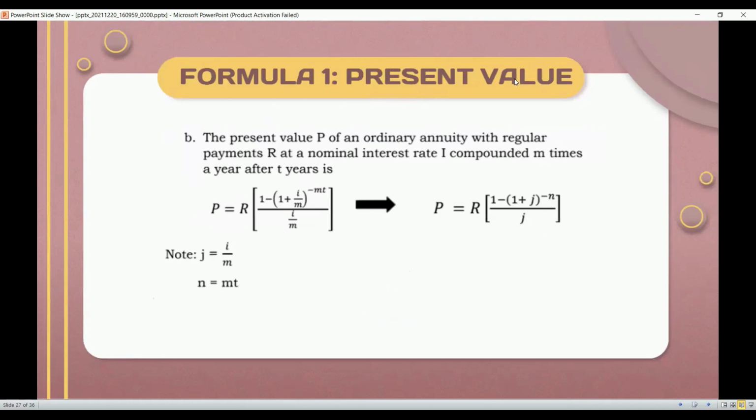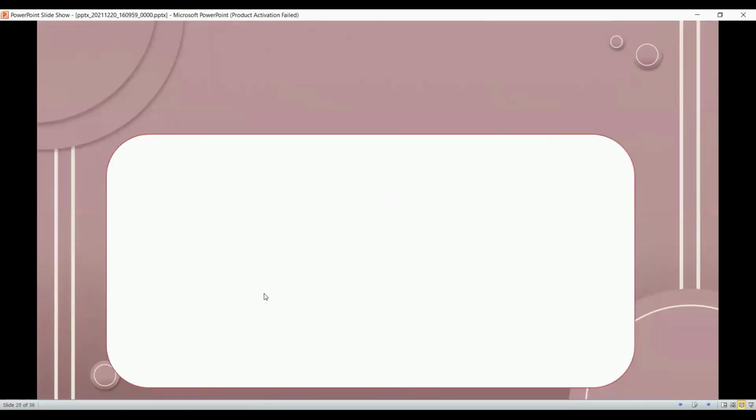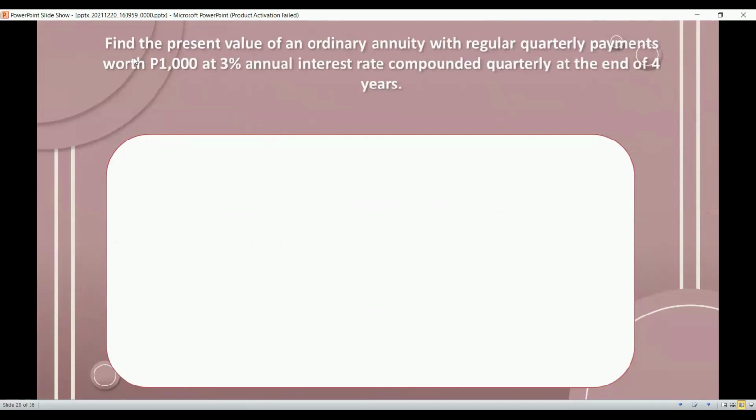So, the formula for present value. The present value P of an ordinary annuity with regular payments R at a nominal interest rate I compounded M times a year after T years is this. The two formulas are the same again, but this one is easier to use. P is equal to R times 1 minus quantity 1 plus J raised to negative N, all over J. So, remember the notes.